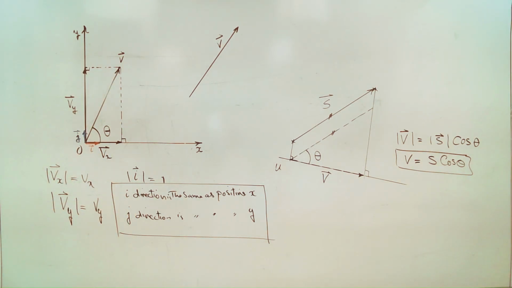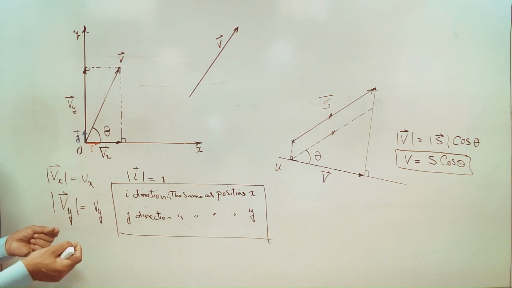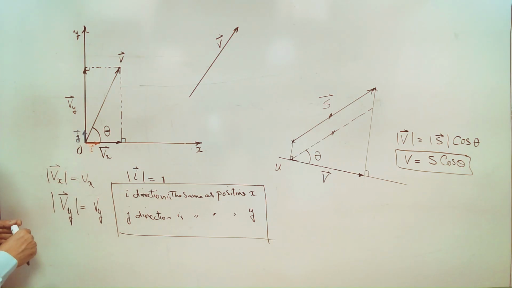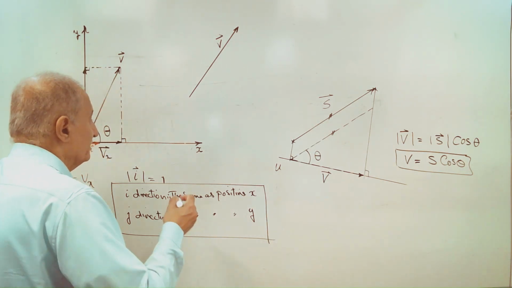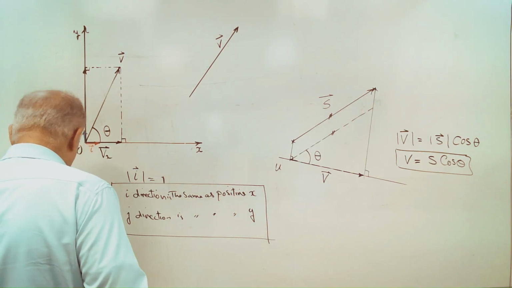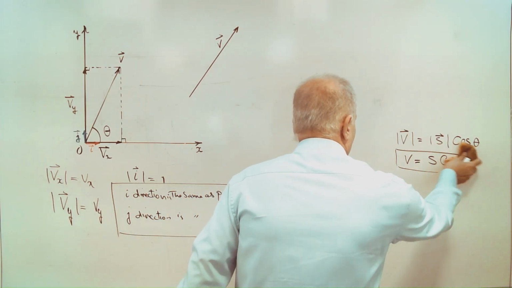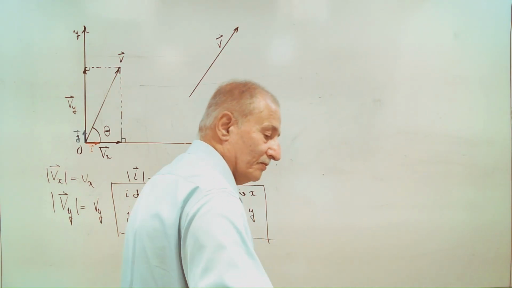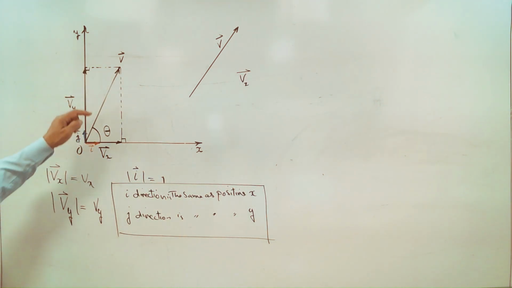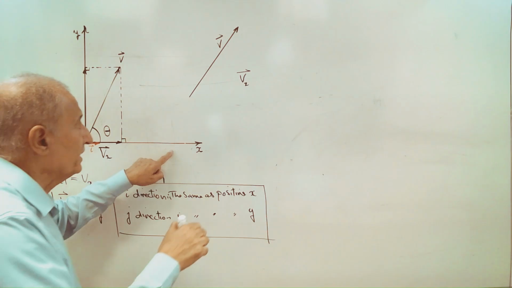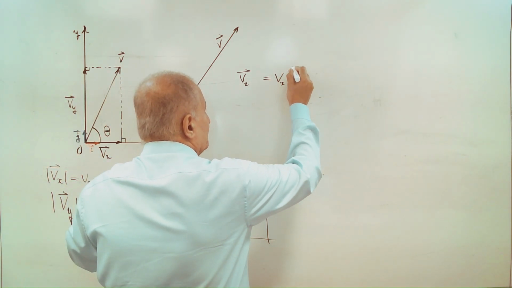Any vector which is in the x direction can be shown by a number, a scalar, and a unit vector. It means that the Vx vector, the component of vector v in the direction of x, is equal to the magnitude of Vx, which is Vx, times unit vector i.